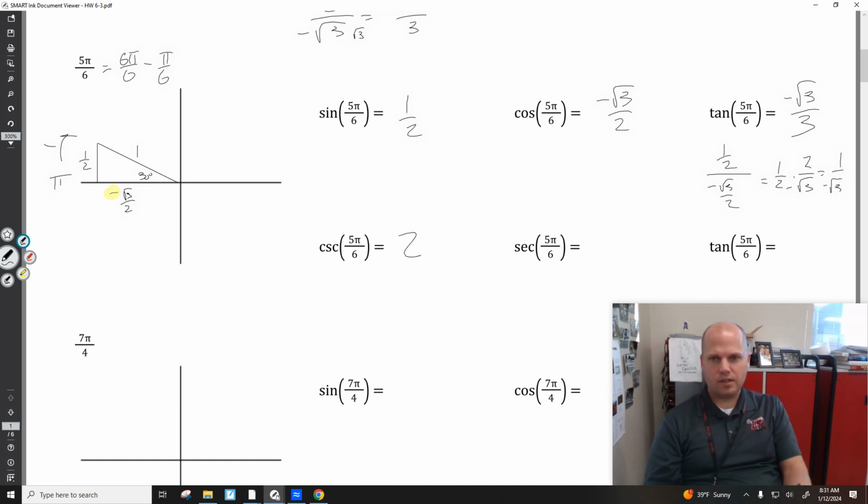Cosecant, flip sine. Secant, flip cosine. Tangent, this should be cotangent. Flip, we just get root 3, but negative.